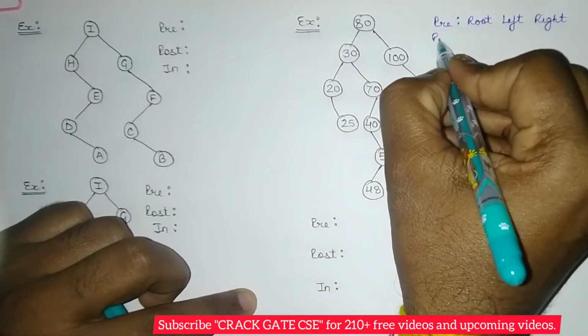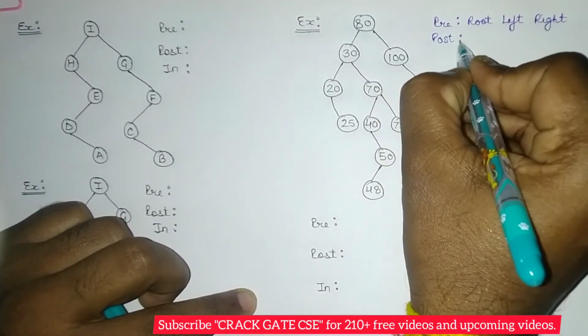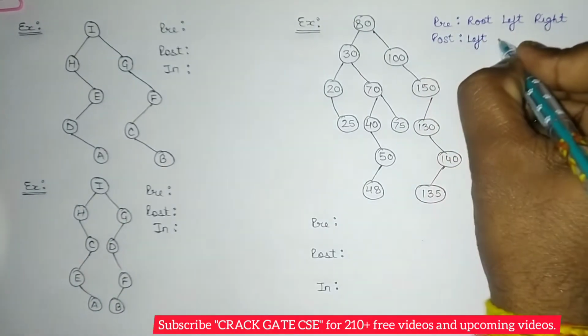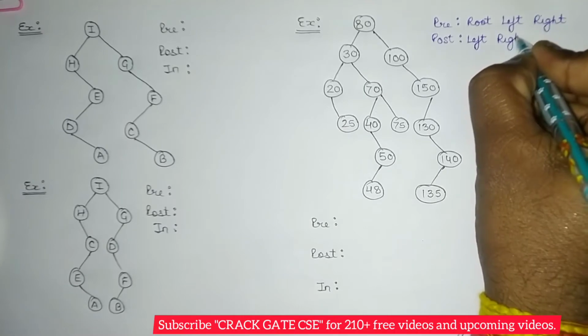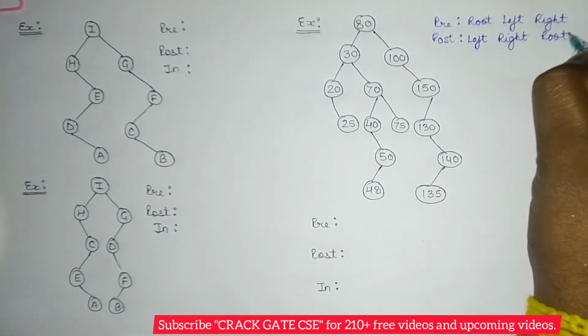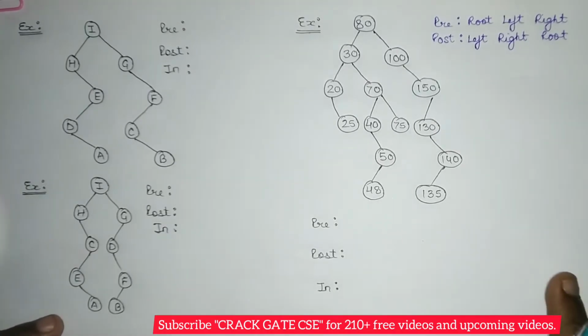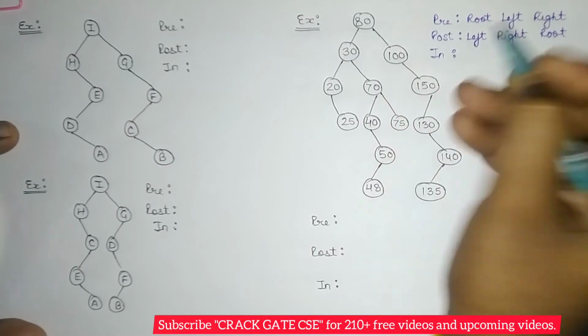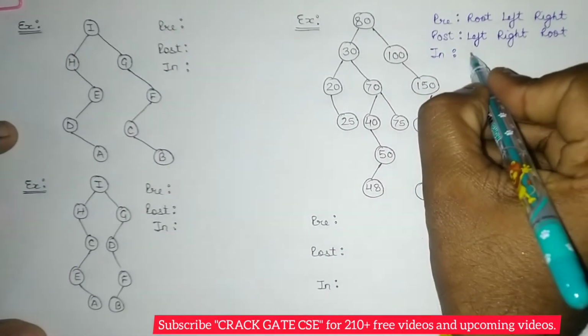And similarly, let me write down for the post order and in order as well. In post order, we'll be moving on to the left first, then on the right, and the root will be printed at the end. That's why it is post order, because root is to be printed at the end, right? Similarly, in the in order, in means the root will be printed in between.